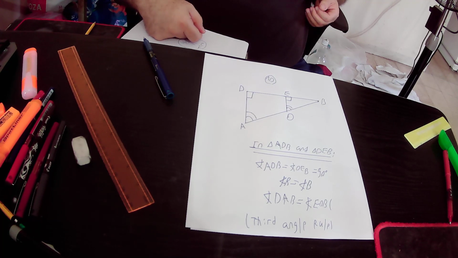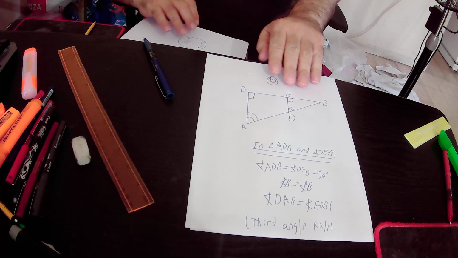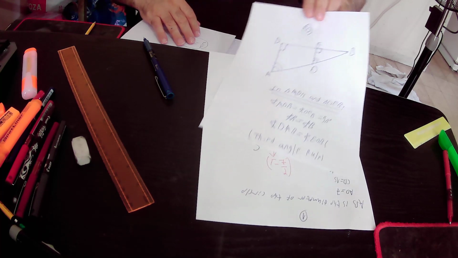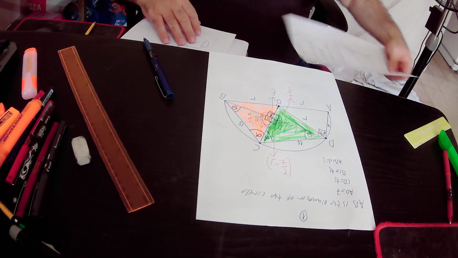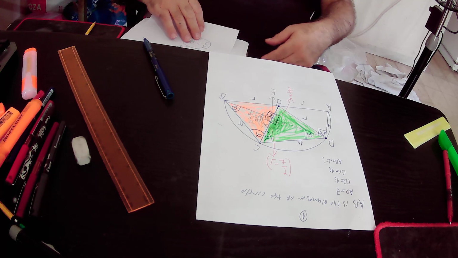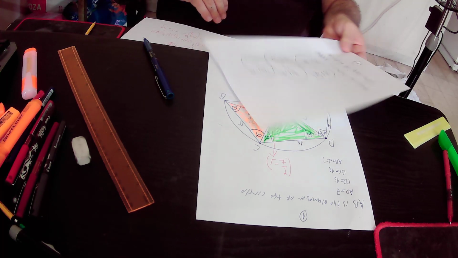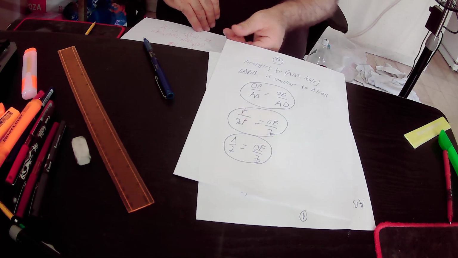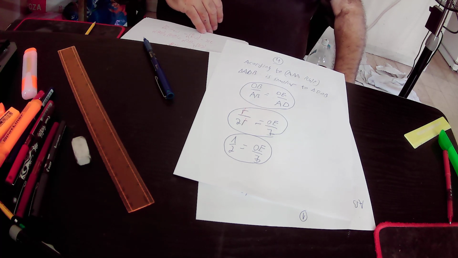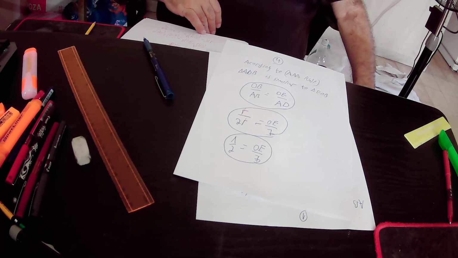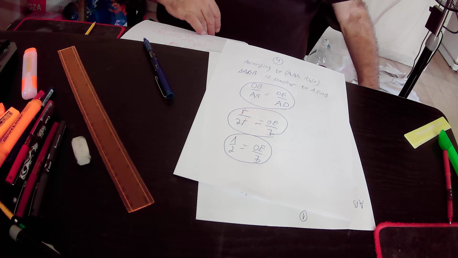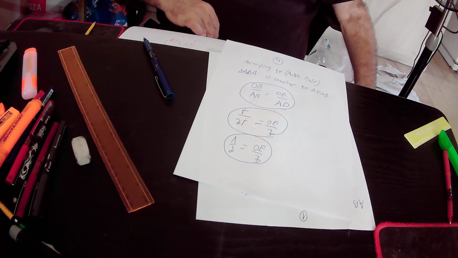Therefore, those two triangles are similar triangles according to the angle rule. Triangle ADB is similar to triangle EOB because three angles of triangle ADB are equal to three angles of triangle EOB.